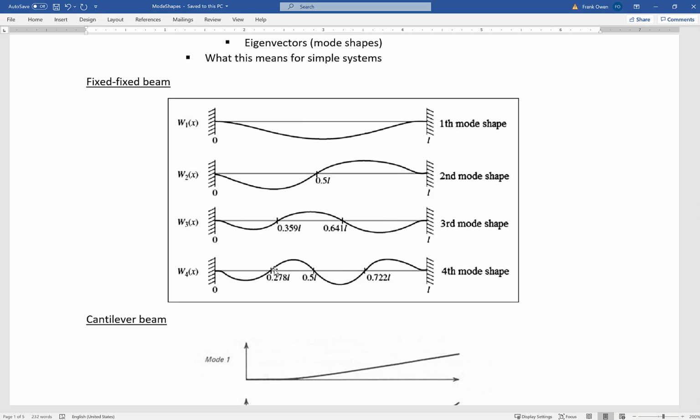But the frequency will be high, while the amplitude is very, very small. And oftentimes you can't even perceive that because the amplitude is so small compared with the amplitude of the lower modal frequencies and mode shapes.